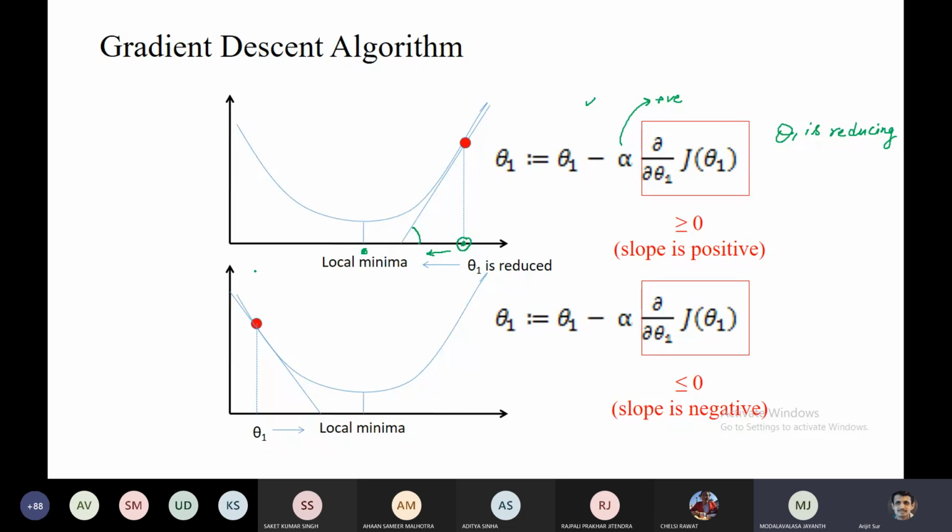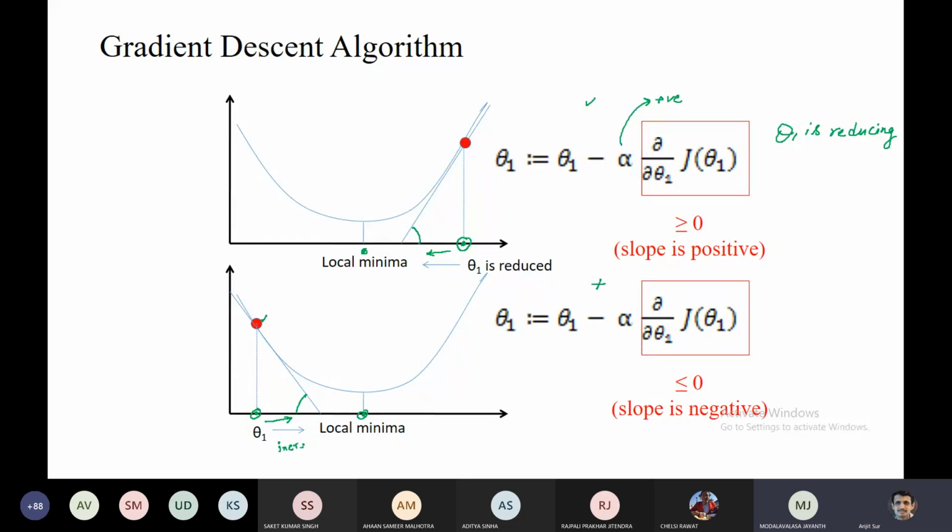Now, if you are here and you take the tangent, this is a negative angle, because this slope is negative. So the slope is negative and alpha is positive, so theta 1 minus something negative essentially becomes plus. Because you are here, theta 1 has to be increased to reach the local minimum.